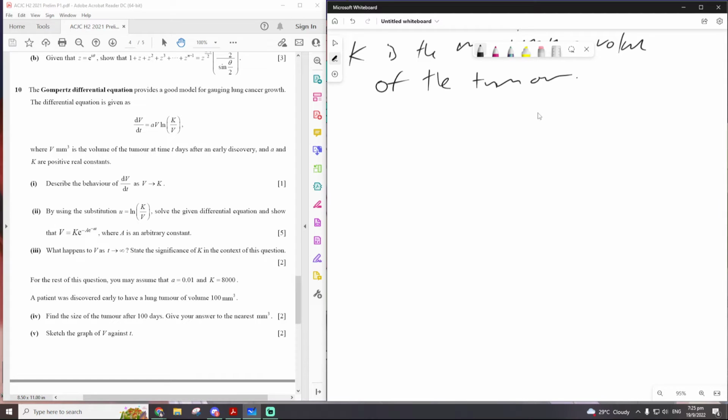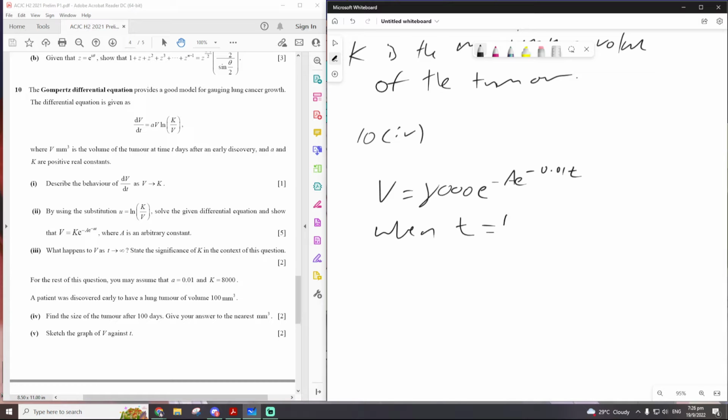For the rest of the question, you may assume that a equals 0.01 and k equals 8,000. Find the size of the tumor after 100 days. Okay, so we have v equals 8,000 e to the power of negative A e to the power of negative 0.01t. Then we are given that the early lung tumor was discovered with volume 100.